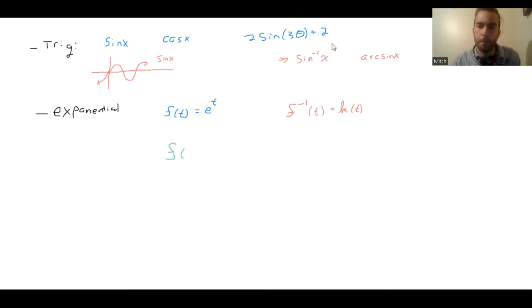But let's look, for example, at this inverse. So e to the ln t, that's something that's really important. That's what's going to come up, especially when you're doing derivatives of different base exponentials or logarithms. Here, this is just going to equal t, and that's just because these are inverses.